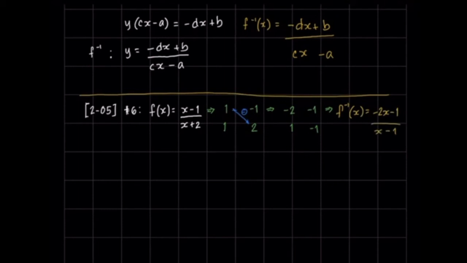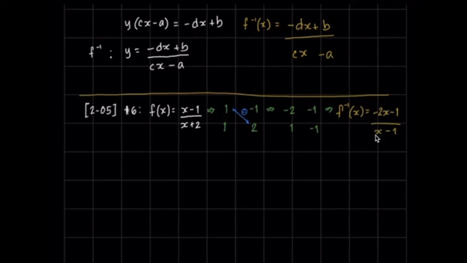Pinapahanap din yung domain and range ng inverse. So, yung domain, madali. Bawal ang x equals 1. Yung range, titignan lang natin yung domain ng original function. Bawal ang x equals negative 2. One more thing to consider is that the horizontal asymptote ng isang rational function na linear over linear, in this case, kukunin lang natin yung quotient ng negative 2 over 1.